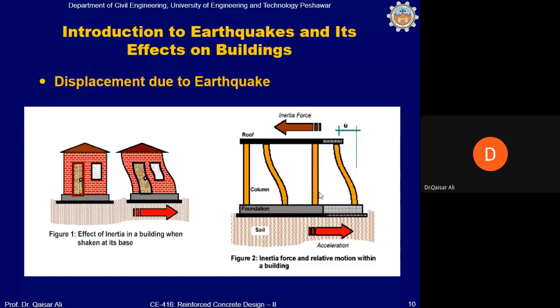So if we are able to place some material between the foundation and the ground, and the material is so flexible and soft that when the ground moves, the foundation stays at its original position, then the movement will not be transferred to the foundation, and this movement will not be further transmitted to the upper part of the structure, which is called base isolation. So when the base of the structure is isolated from the ground, then we can reduce the stresses, or completely eliminate the stresses in the upper part of the structure.